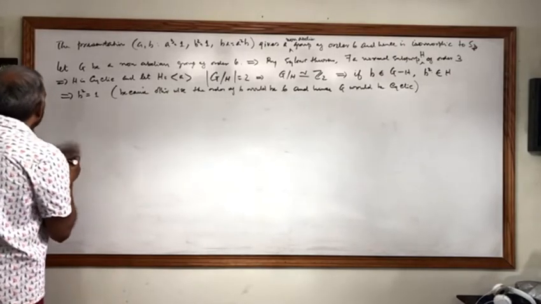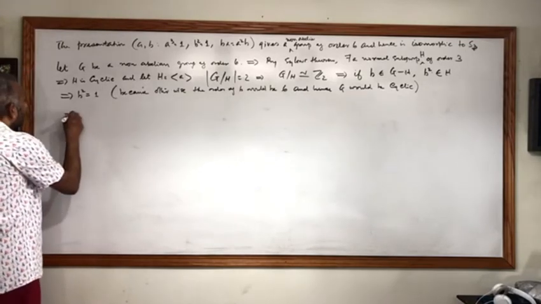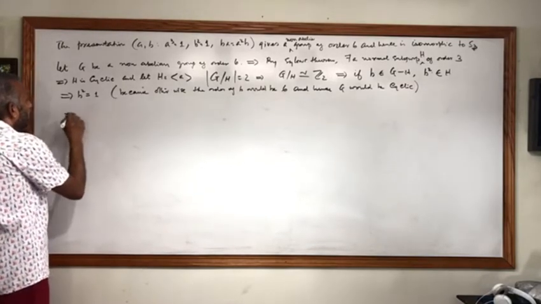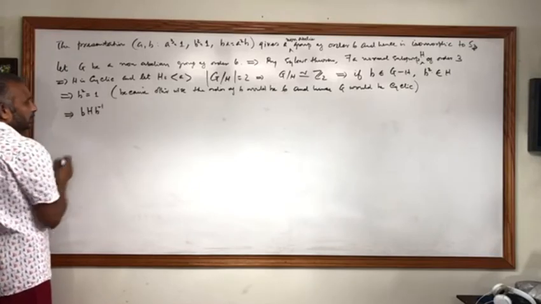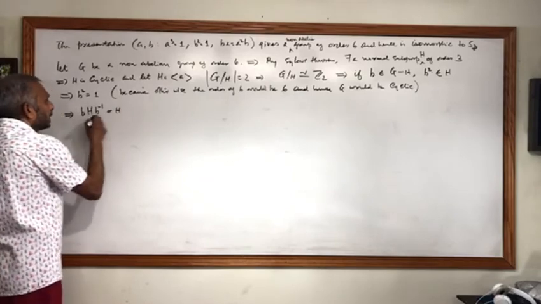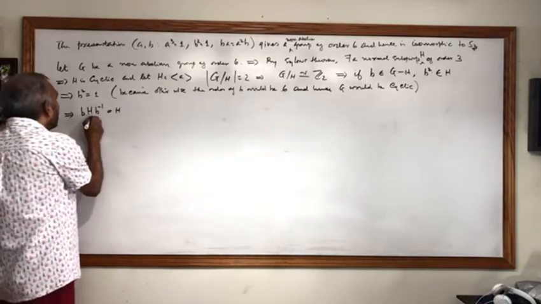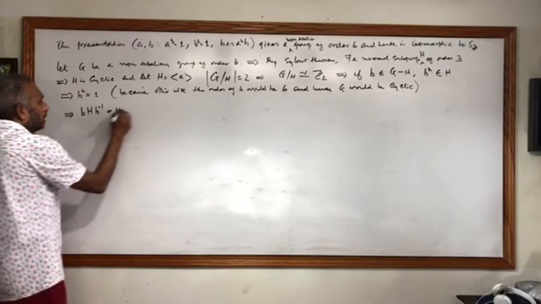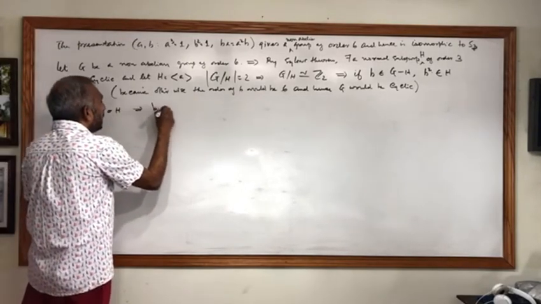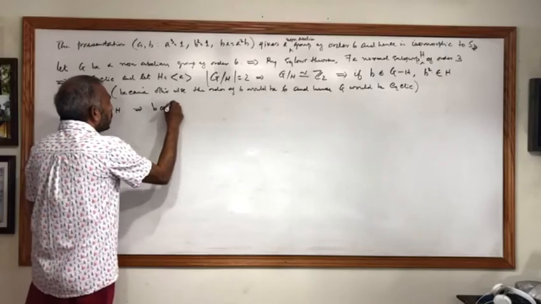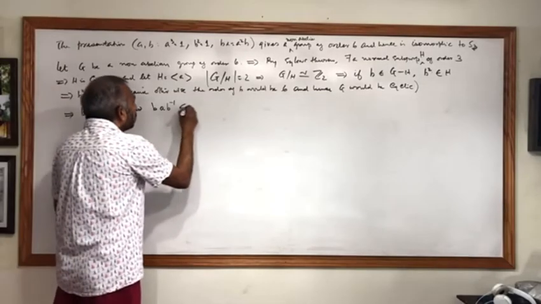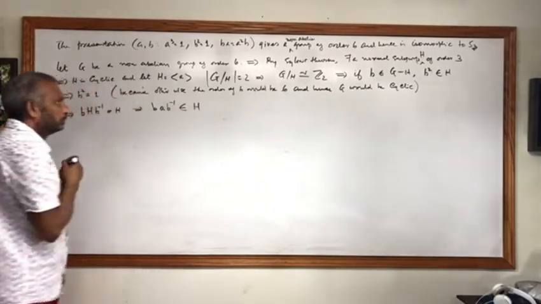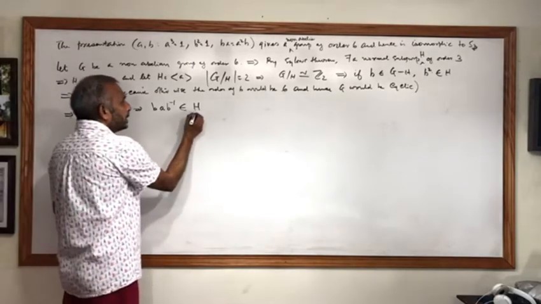So this implies B inverse is equal to H because H is normal and A is in H. So this implies B inverse belongs to H. And what is H?